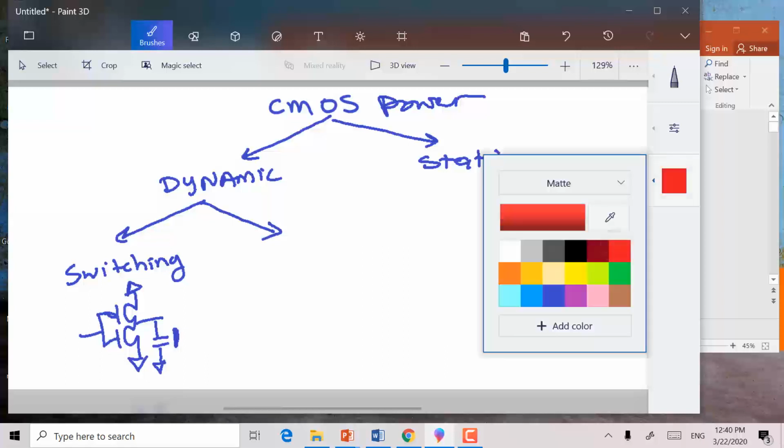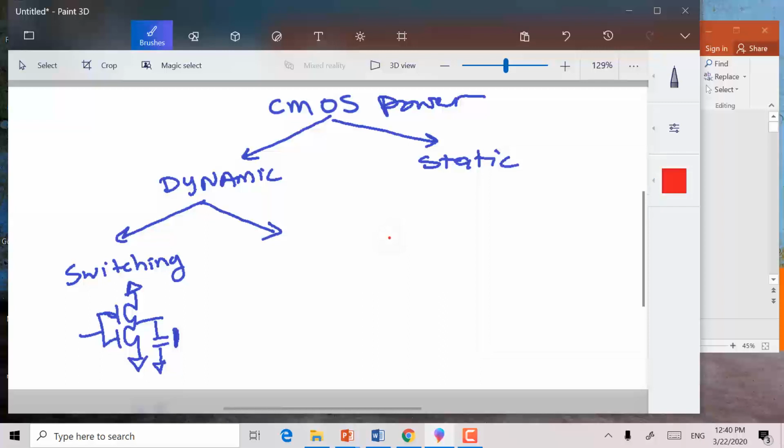The second type is the short circuit power, which is basically the power caused by the temporary state of PMOS and NMOS being on. Somebody might ask, the CMOS device is supposed to have either the PMOS on or the NMOS on.